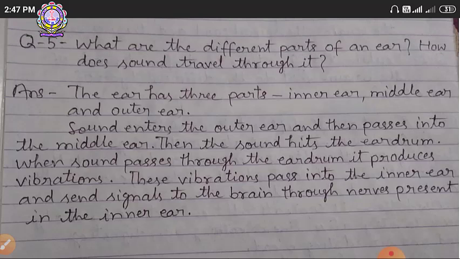Now this is the fifth question. Let's see. What are the different parts of an ear? How does sound travel through it?